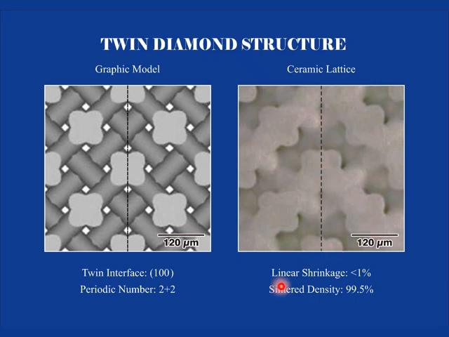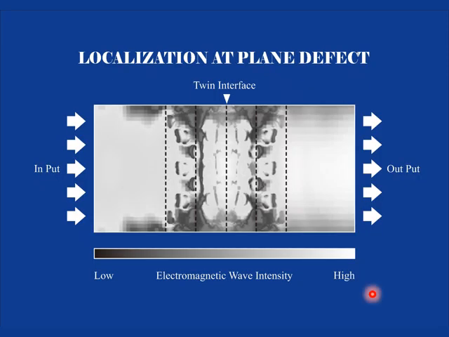In this case, the sintering density reached 99.5%. This is the localization simulation: the electromagnetic wave localizes and resonates here, is reflected by the perfect mirror structures, and increases in power to transmit to the opposite side.